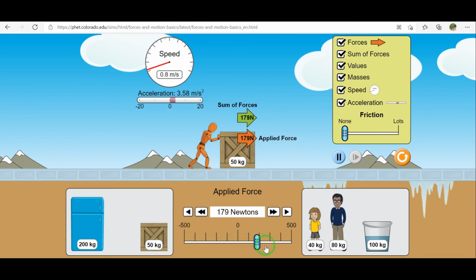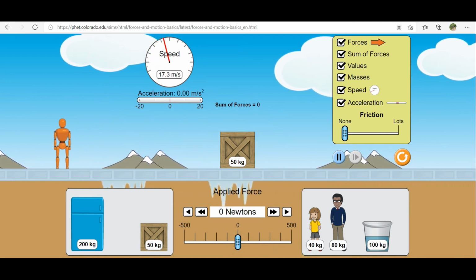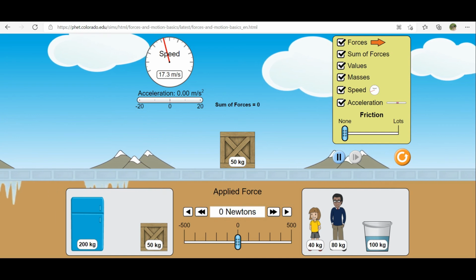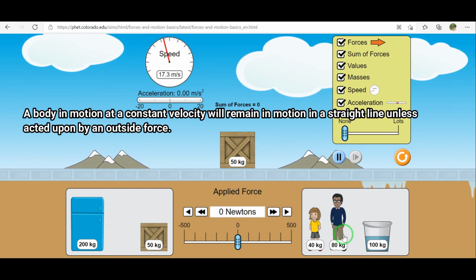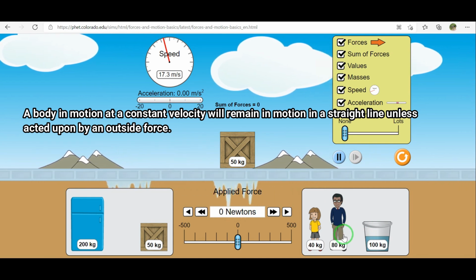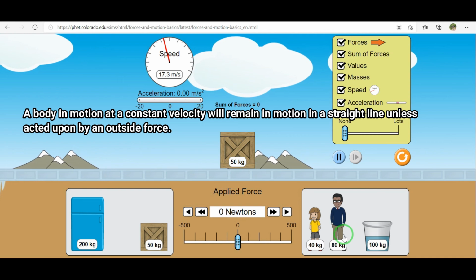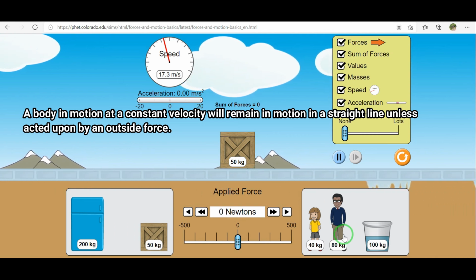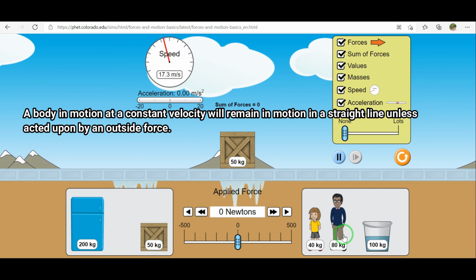And now I am going to apply a 500 Newton of force and leave it. And you will find since there is no friction, the body will continue to move. The body which is in motion will continue to be in motion, right? That is the second point which we need to understand.